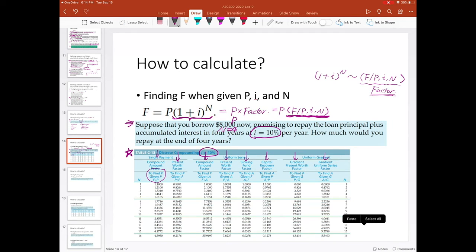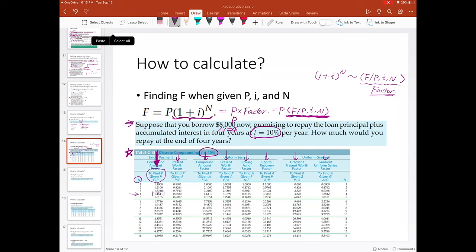We want F given P, I, and N. So this is the column you are looking at for this problem. Then you want to find out which row to look at. The row is the number N. Here we have N equals 4, so we need to look at this row.